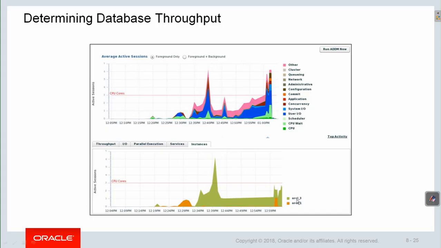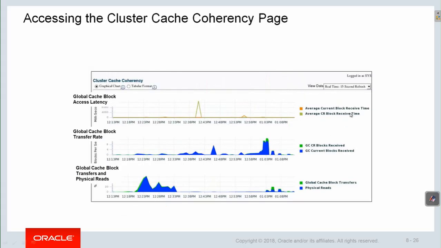So if this is an example, then you will have to look at one of the instances to see if you can find any tuning opportunity. And also global cache block access latency. I already explained it. And also global cache block transfer rate. So let's get into this area.